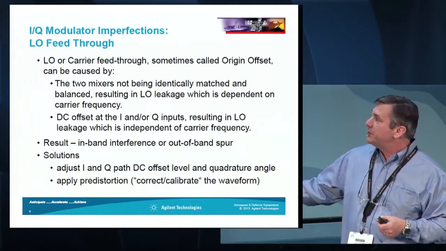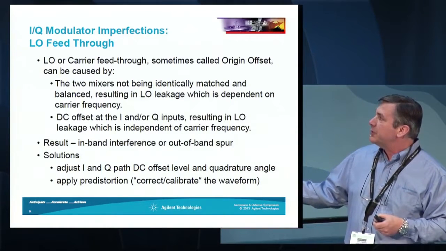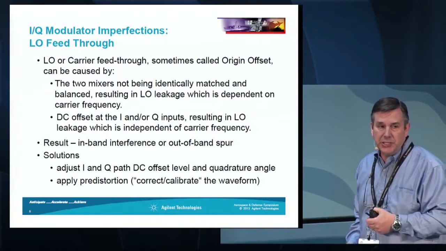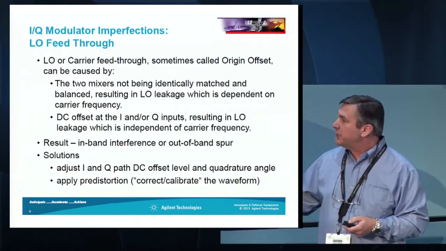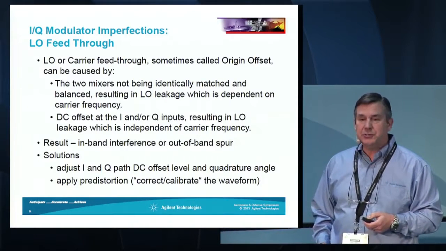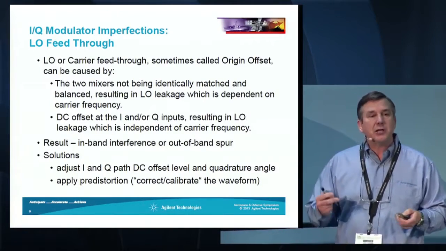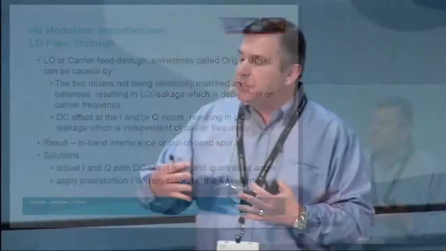So the DC offset between the I and Q allows some of the LO to bleed through to the RF signal. Now there's a couple of things we can do. We can apply some pre-distortion. That's similar to what I just talked about, where we take the waveform file, we take a tone 180 degrees out of phase with our LO, and we place it right at the LO, like noise canceling headphones, to reduce that effect.